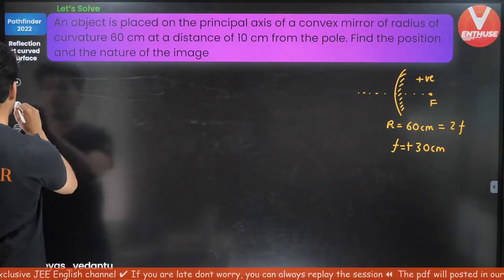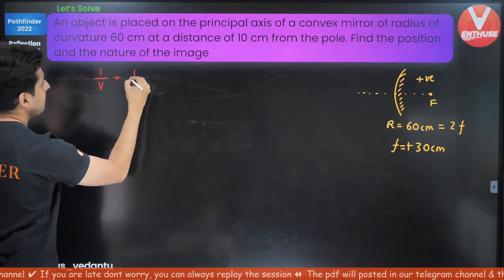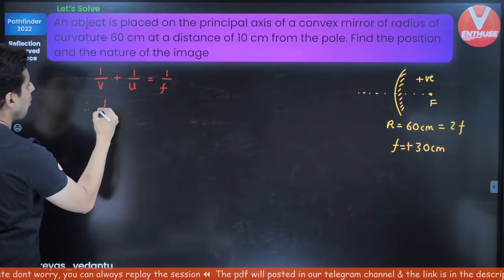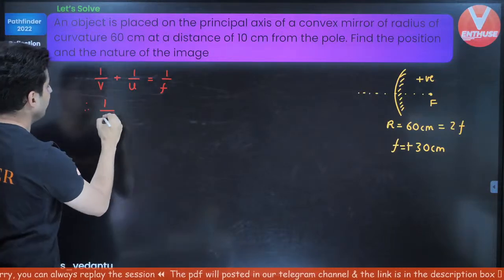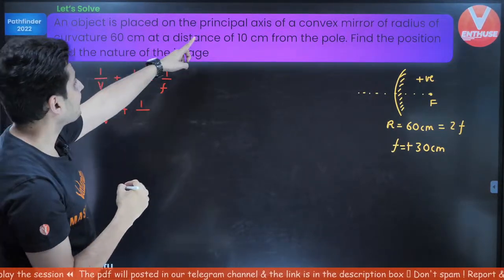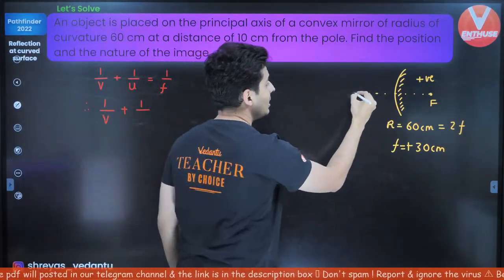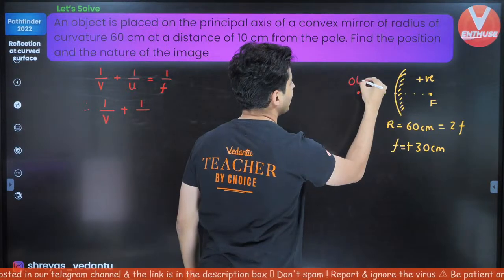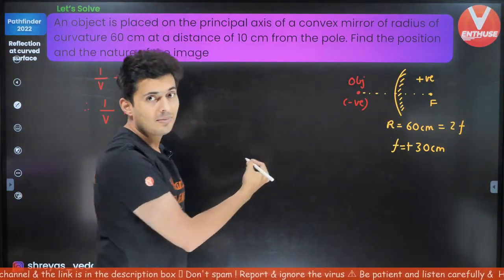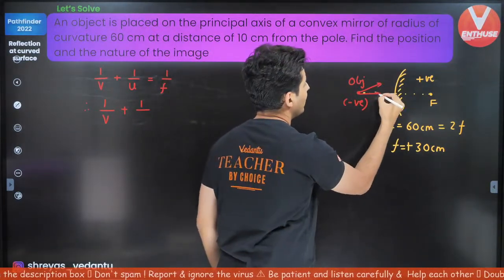Now use the mirror formula and let's see what we get. Using the mirror formula, 1/v + 1/u = 1/f. Therefore, 1/v, I do not know v, plus 1/u. u is given, the object distance is 10 centimeters in the front. This is where you place the object, and this object distance will be negative, because that side will be positive, this side will be negative, because the rays of light will be coming like that.